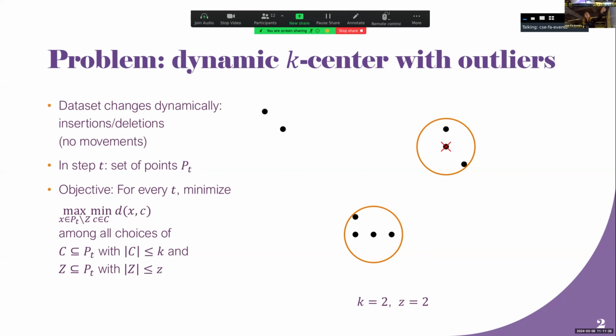But as it turns out, these have a smaller distance from each other. So it makes sense to open the cluster here and make these 2 points outliers. So that means our clustering could drastically change in the sense that we could move a cluster to a completely different position.